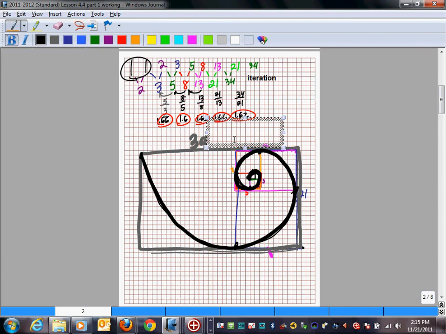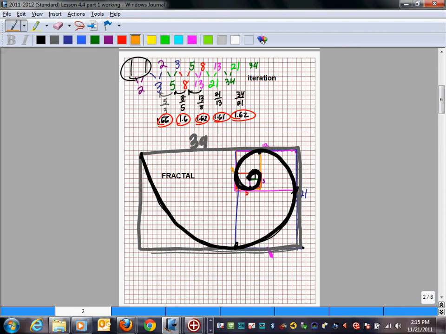All right. When you take an iteration and you make a visual picture of it, that's called a fractal. So this image is called a fractal. A fractal is a visualization of an iteration.